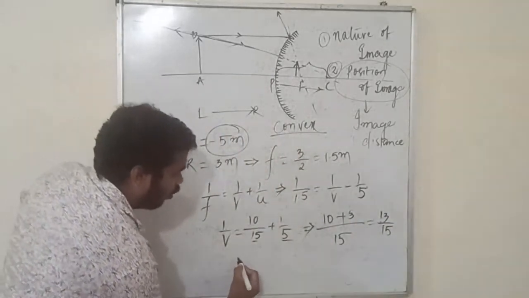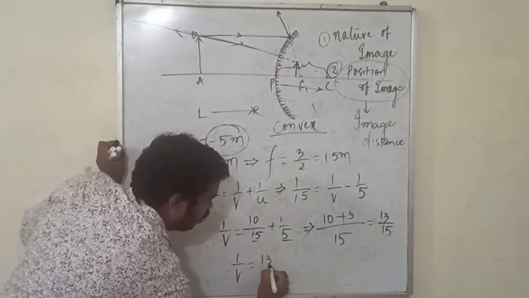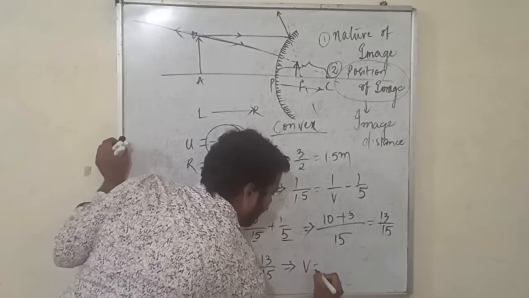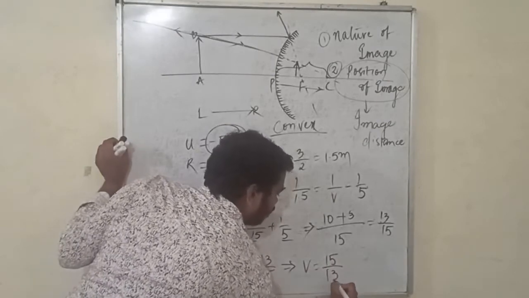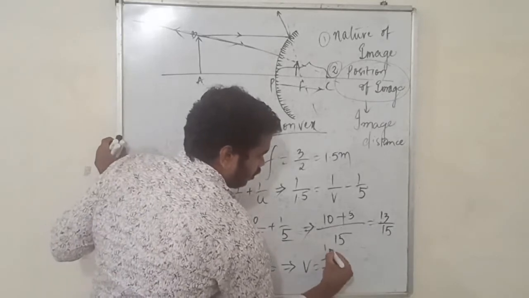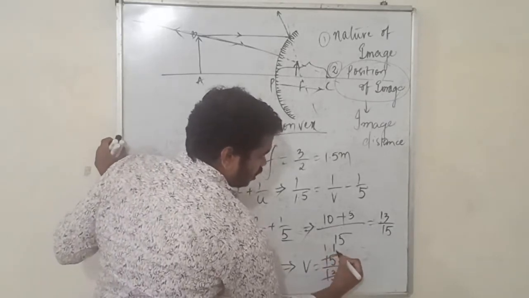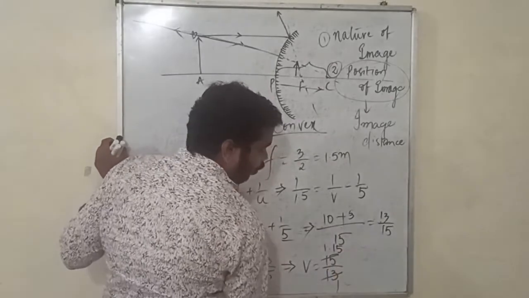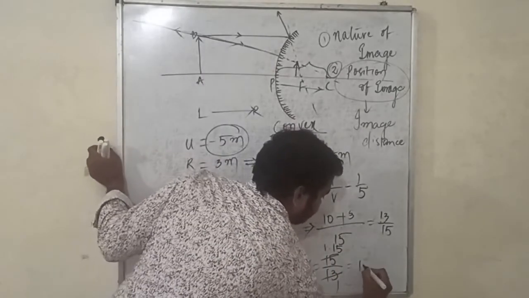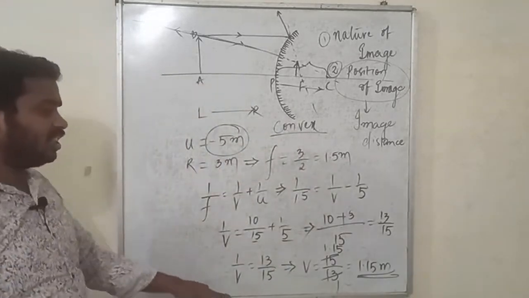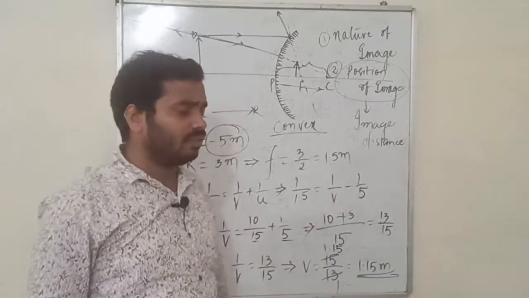Now you see 1 by v is equal to 13 by 15. Next you can write v as 15 by 13, so 1.15 meters. So the image distance is nothing but 1.15 meters.